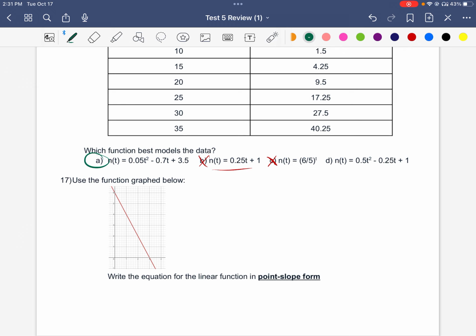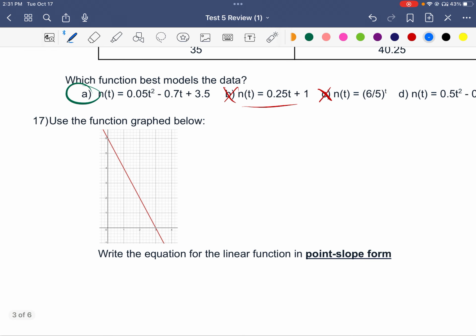Write the equation for the linear function in point-slope form. So point-slope form is on the formula sheet. There's lots of different answers you could have here, but really, one thing that does have to be consistent is the slope. This is what point-slope form looks like on the formula sheet. You can use any point on the line, and you also need the slope.